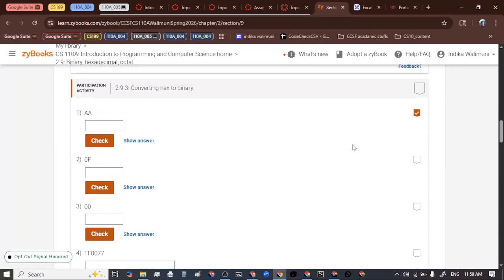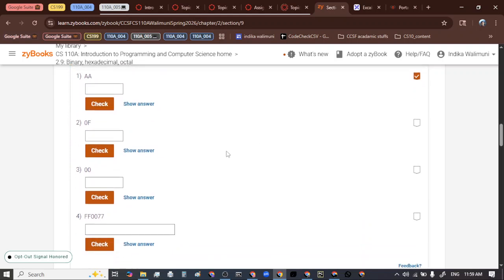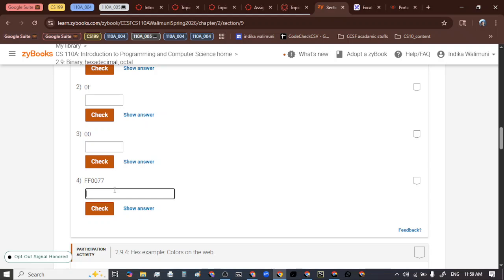Let's do this one real quick now. What is the answer to this one? Let's start off with 7. 7 is 0 1 1 1. Then we go to another 7, 0 1 1 1, and go again to the front.